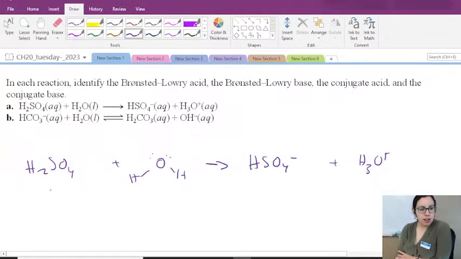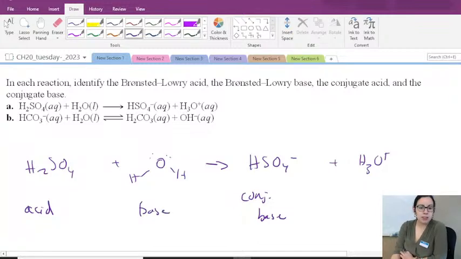So looking at A here, what do we think our sulfuric acid is? Yeah, so it's acting as our acid here. We can see it looks like it's losing a proton. And if this is our acid, what's our HSO4 species now? So conjugate base. And what does this make water? Excellent, our base. We can double check.